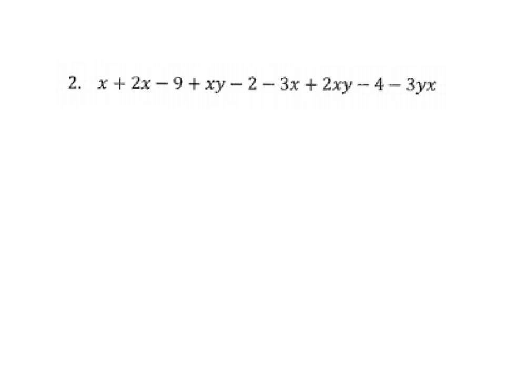So example 2, we have x plus 2x minus 9 plus xy minus 2 minus 3x plus 2xy minus 4 minus 3xy. So once again, I'm just going to start at the beginning, go in order. This one's a plain x. That one has an x, so plus 2x. Here's a negative 3x.